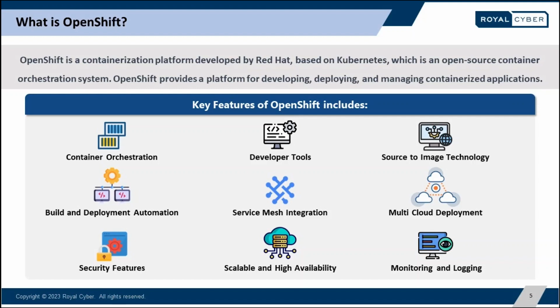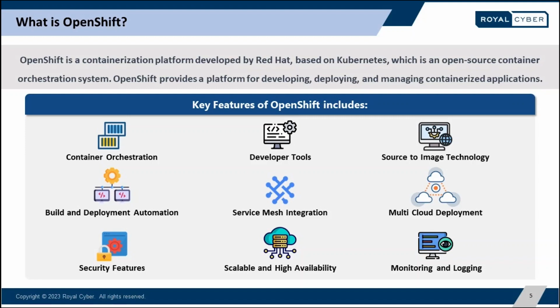Source to image technology, which OpenShift also incorporates, allowing developers to build container images directly from source code without requiring Dockerfiles. This simplifies the process of containerizing applications.